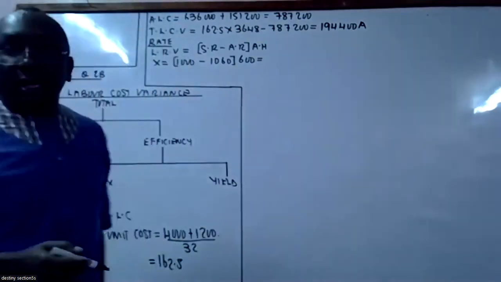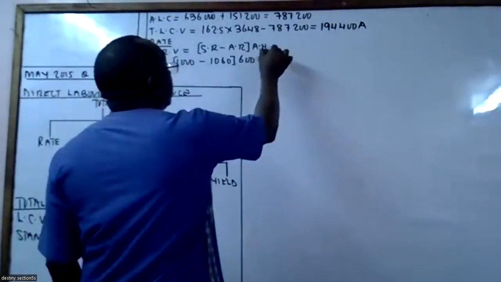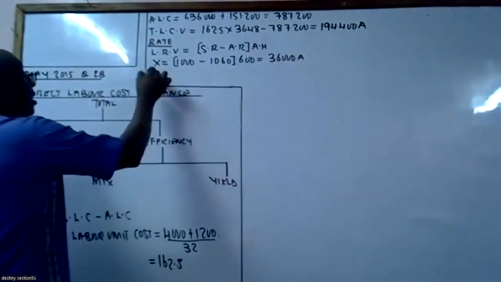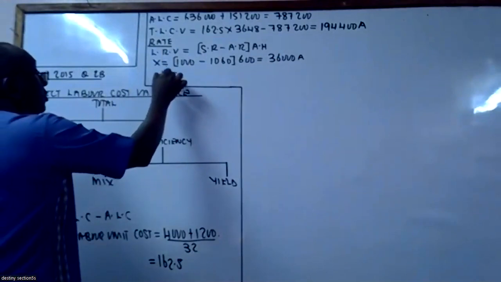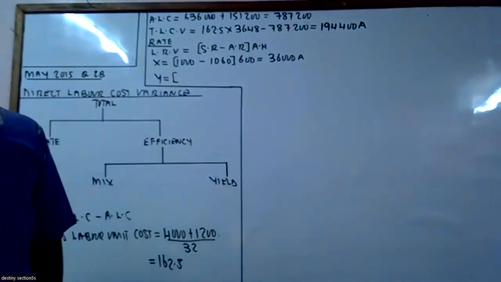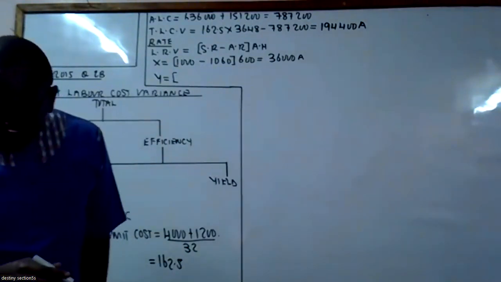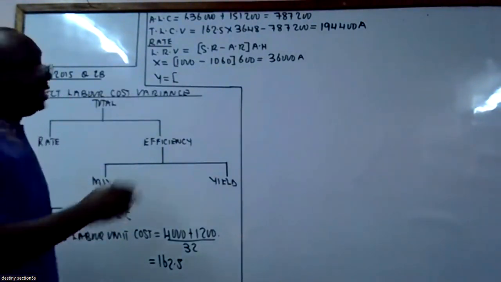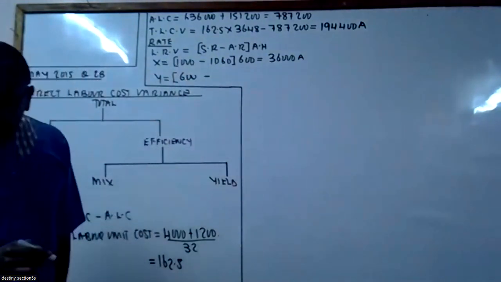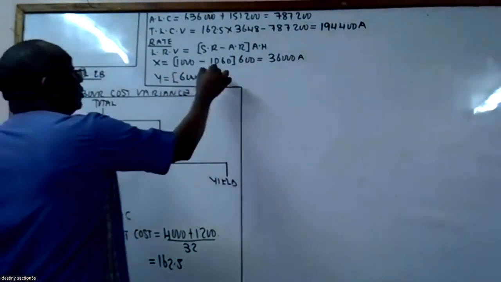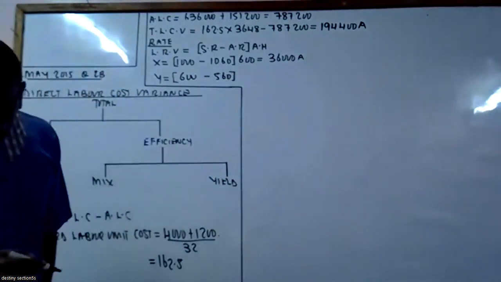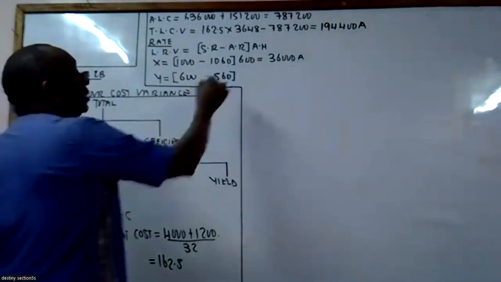That is 6,000 adverse. Good. And then when you come to Department Y, we have the standard rate of 600 minus the actual of 560 at the actual hours of 270.